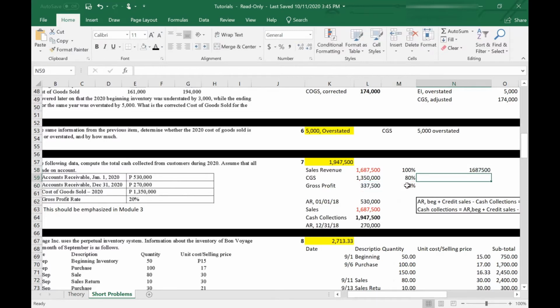And if that's the case, for you to get the CGS of 80%, you multiply your sales by 80%. Okay? So that amounts to 1,350,000 pesos.